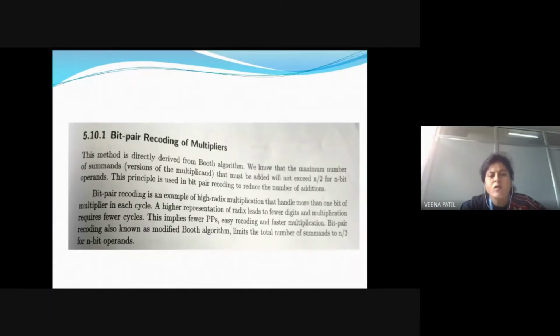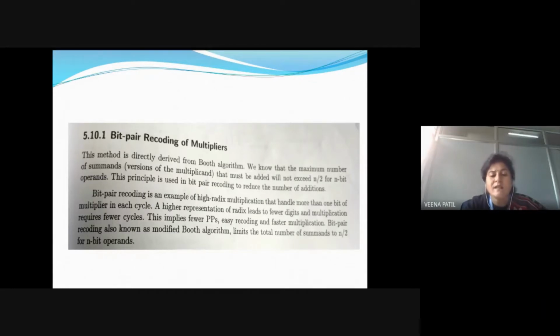Now, bit pair recording is an example of high radix multiplication that handles more than one bit of multiplier in each cycle. A higher radix representation leads to fewer digits, and multiplication requires fewer cycles, as I already mentioned.